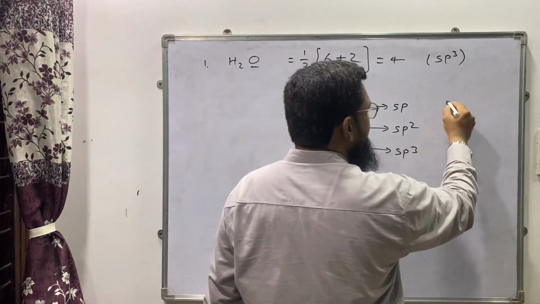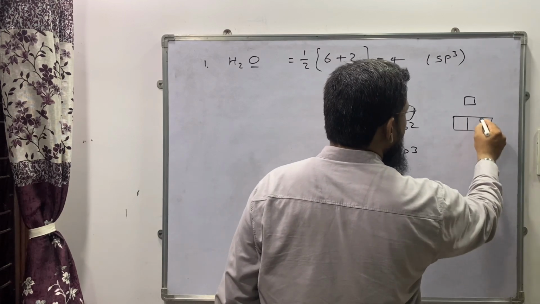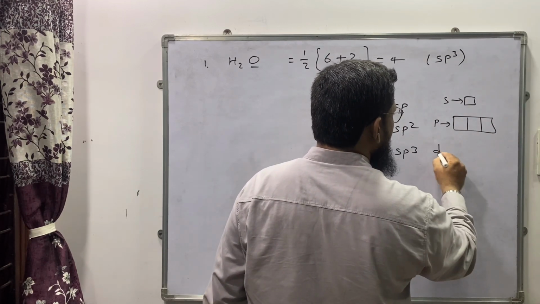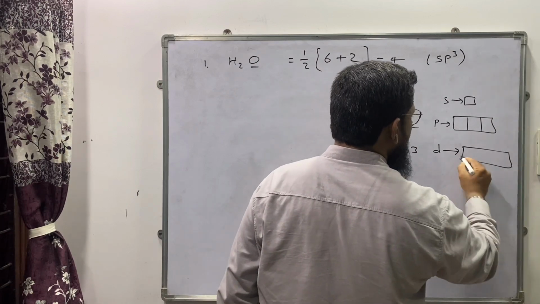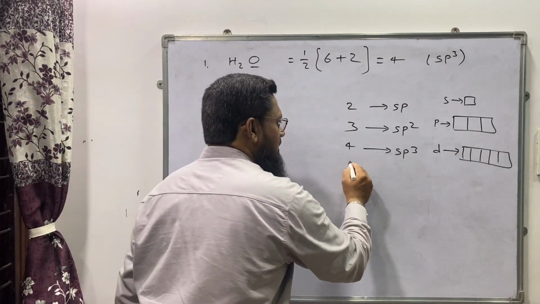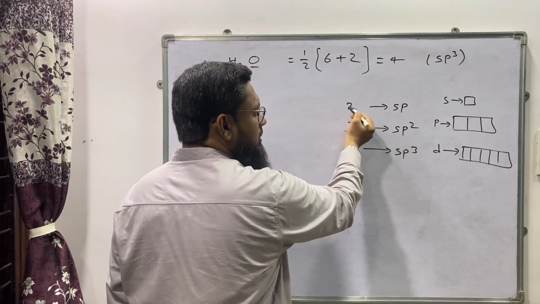How are we getting this? We know we have one s orbital and 3 p orbitals. If you take the d orbitals, how many d orbitals do we have? We have 5 d orbitals. Now let's see how we got sp for the value 2.